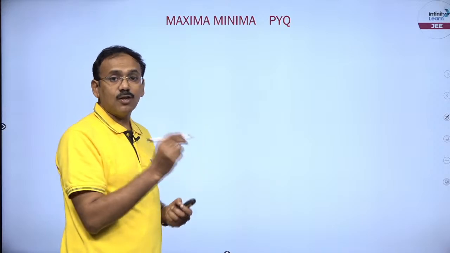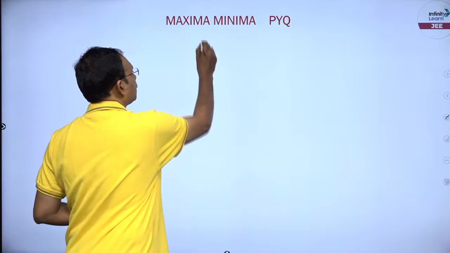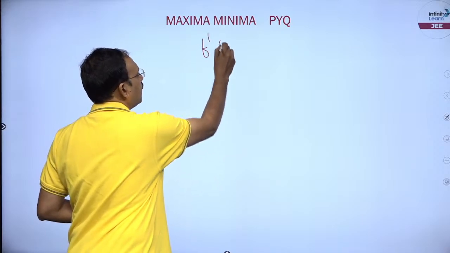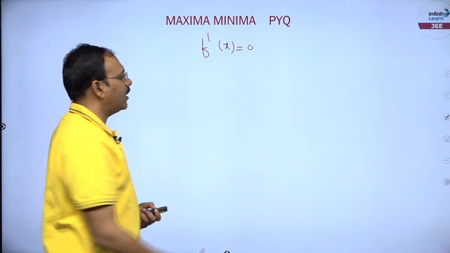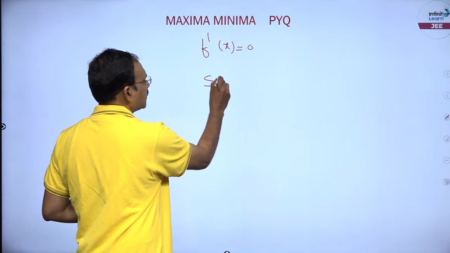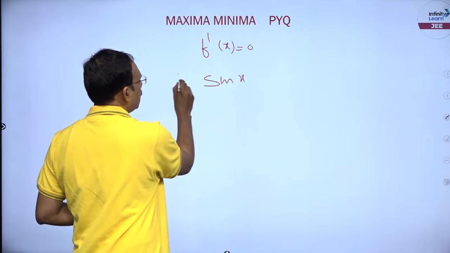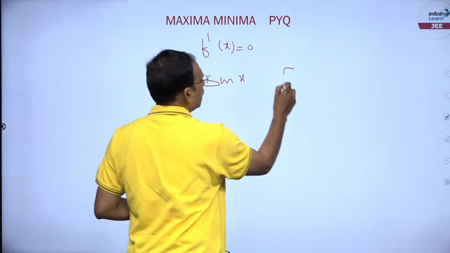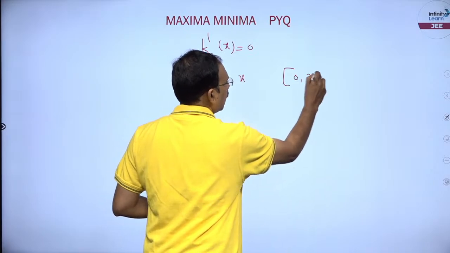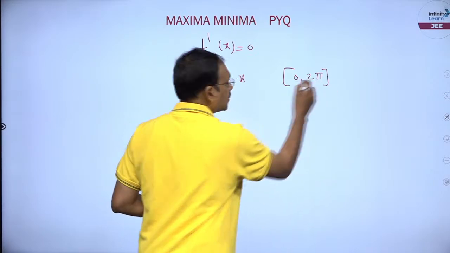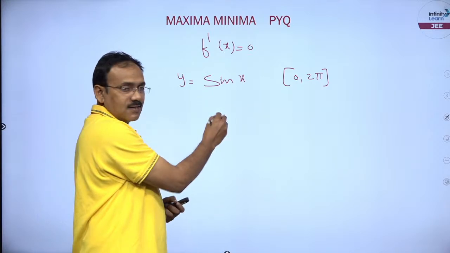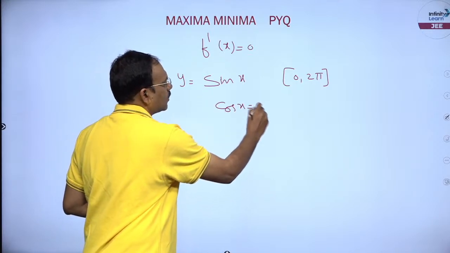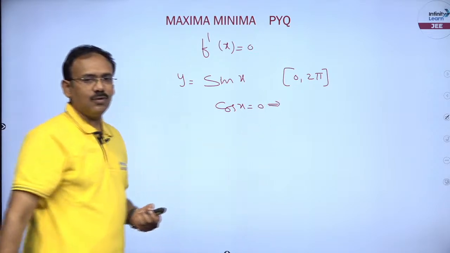Stationary points are those points where the first derivative is 0. For example, if you take the graph of the sin x function, y is equal to sin x in the interval 0 to 2 pi. What are the stationary points, friends? The derivative of sin x is cos x, at what values does cos x become 0?